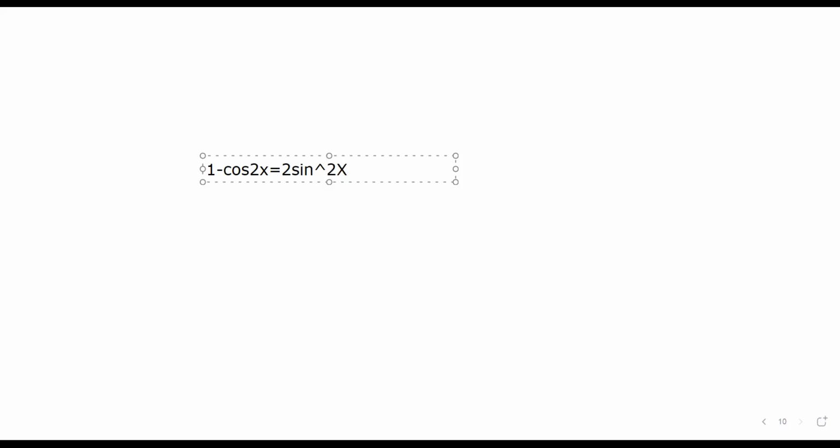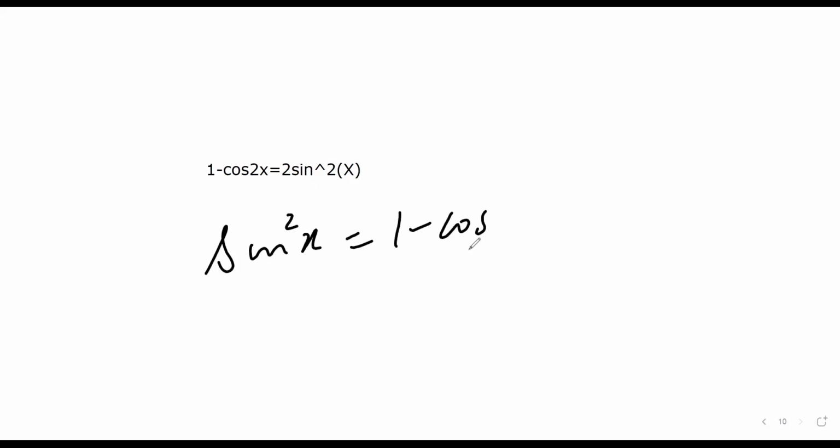It is not 2x, it is 2 sine square x. So what is my sine square x? Sine square x is 1 minus cos 2x by 2. Correct? Sine square x is 1 minus cos 2x by 2.